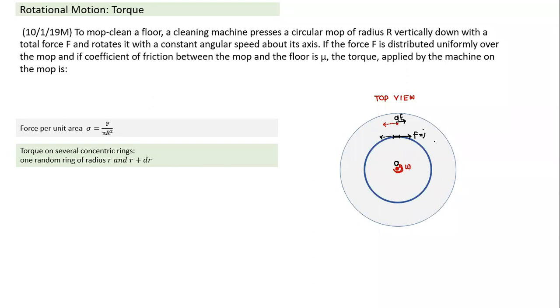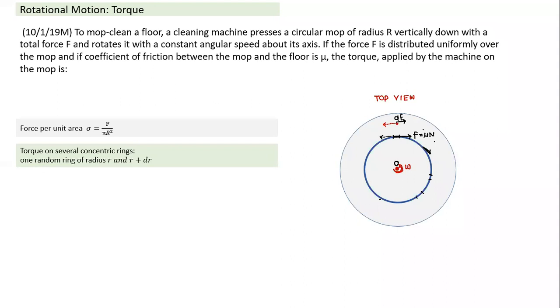Friction force will be mu times the normal reaction acting on this small element, and everywhere the friction force will be tangential. So the torque due to a small element is F into R, this also F into R, all small parts are F into R, all in the same direction.